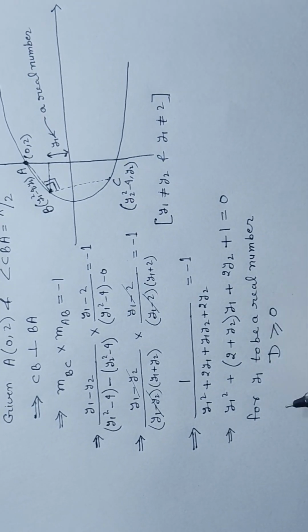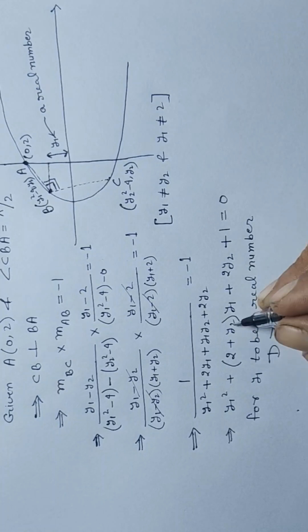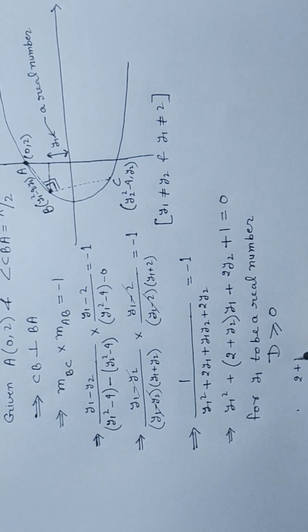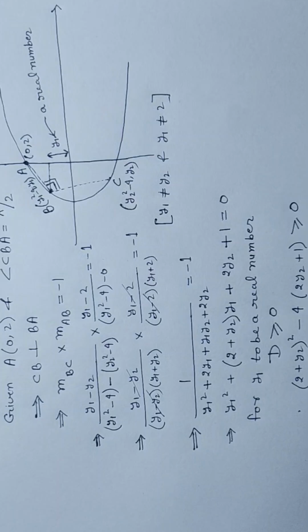So we solve this: b squared, that means (2 plus y2) whole squared, minus 4 a into c, c means 2y2 plus 1, greater than or equal to 0.